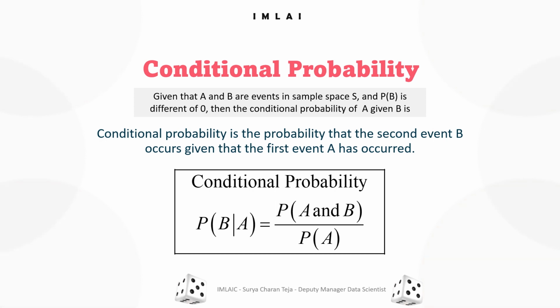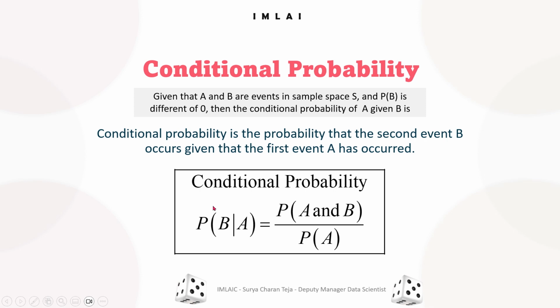Given that A and B are events in the sample space, that's the first condition. And second condition, probability of B is different from 0, it should not be 0. Then conditional probability of A given B is what we get. Here, P of A and B represents the probability of both A and B occurring together, probability of B represents the probability of event B occurring, and probability of A represents the probability of A occurring.